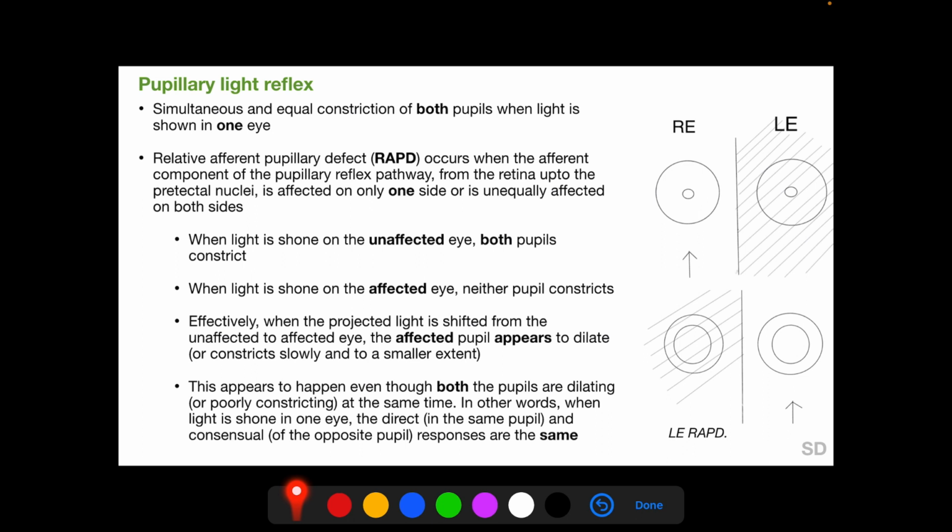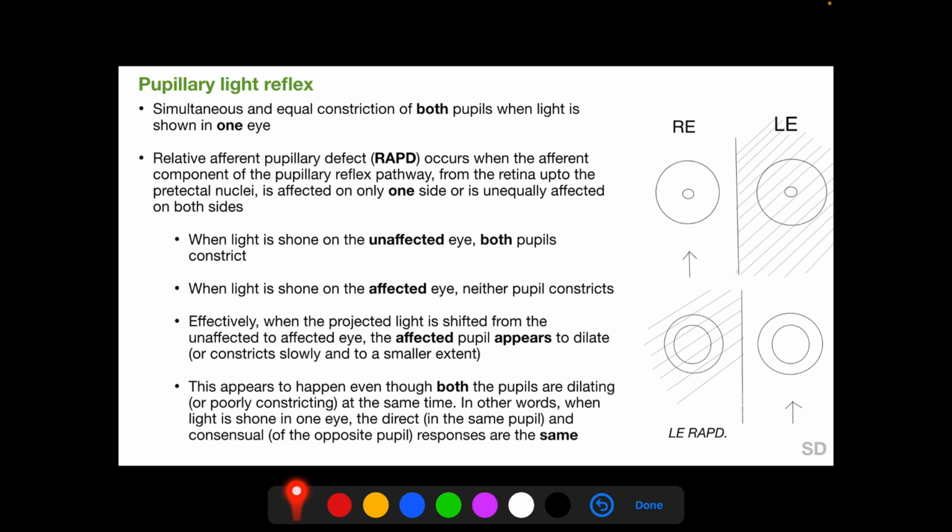When the projected light is shifted from the unaffected eye to the affected eye, the affected pupil, which we are now seeing, appears to dilate, from being constricted to becoming dilated, or they constrict slowly and to a smaller extent if some amount of the reflex is intact.